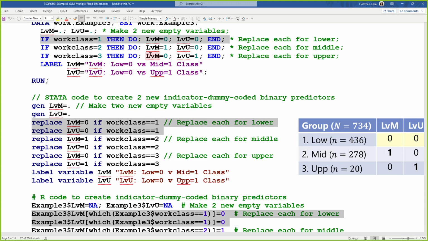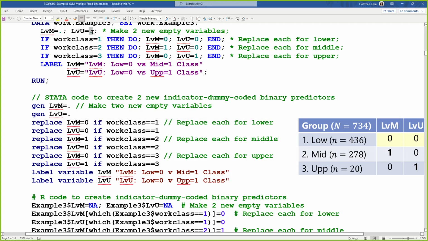It doesn't understand that you're trying to make a new one if you name it the same thing. So if I tried to say, you know, work class equals dot or something up here instead, then I would be emptying that column. And if that ever happens to you, all you have to do to solve it is run your program from the top again, and it will re-import your data. So there's really no harm to it, and it will happen to you at some point. It happens to everybody, myself included.